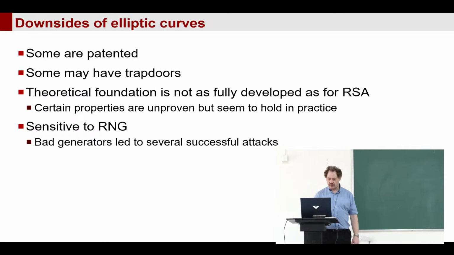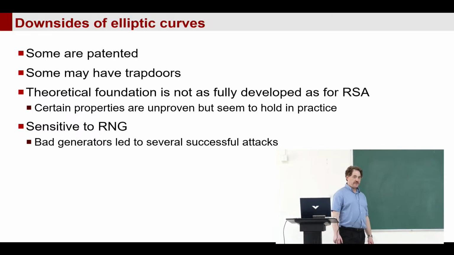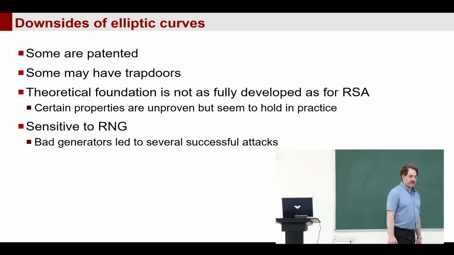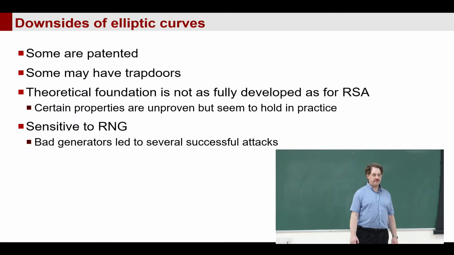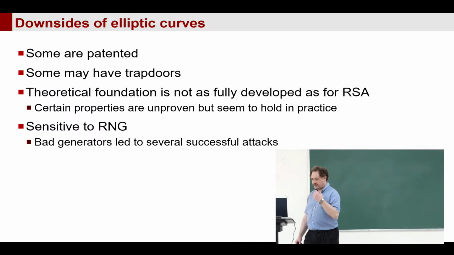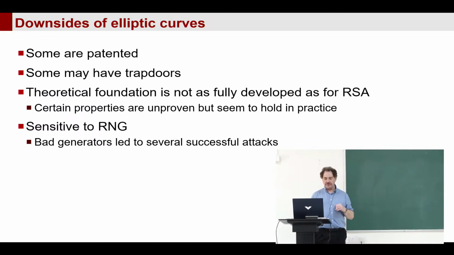There are additional downsides of elliptic curves. Some of them are patented. Some may have trapdoors. Some of the elliptic curves were developed by the NSA or in collaboration with the NSA. And people are a bit afraid that the NSA actually knows how to break the elliptic curves, so it could tap into the communication. Also, the theoretical foundations for elliptic curves are not as well developed and understood as, say, for RSA or for the group generated by prime numbers.